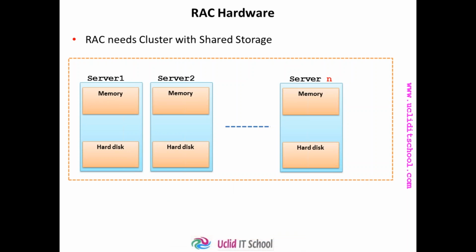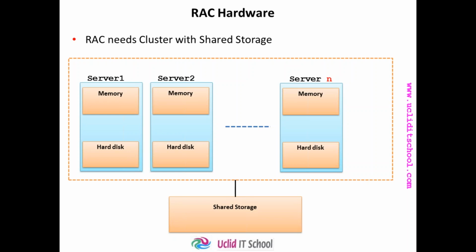Now, this is just not enough for your RAC. So this is your cluster, but apart from this cluster, we need a shared storage, which is an external storage, which is shared among all the servers in the cluster. Every server in the cluster can access this shared storage.